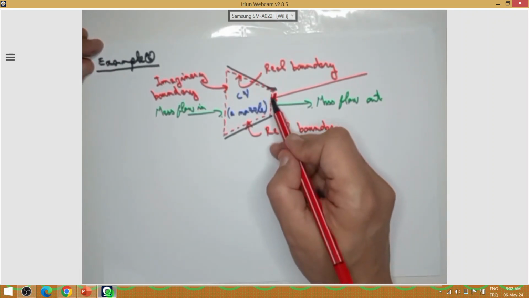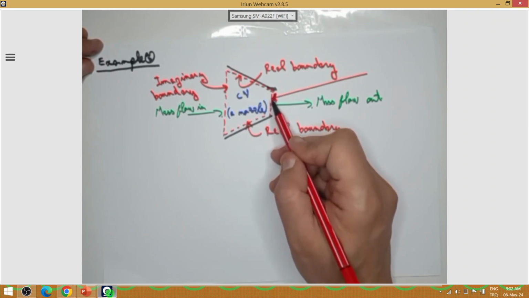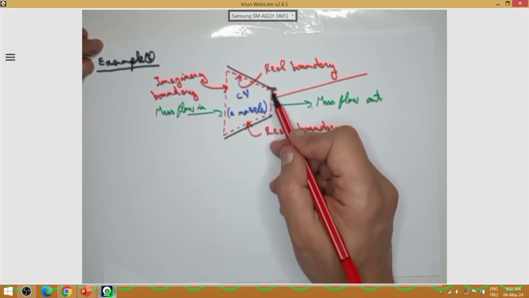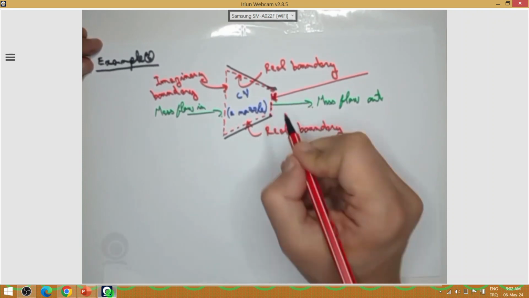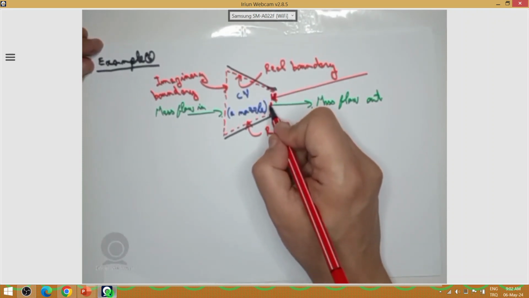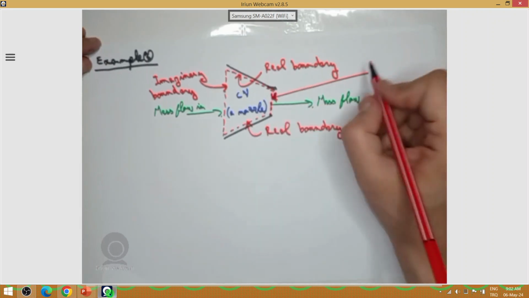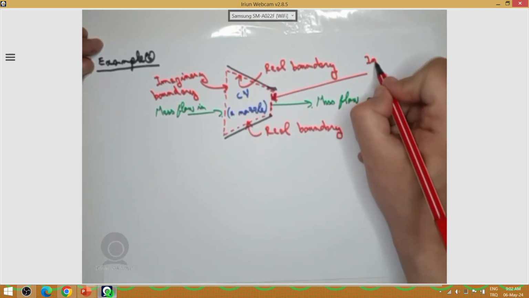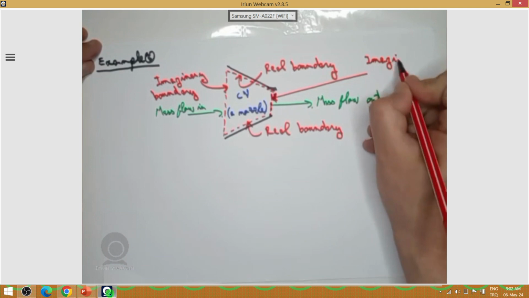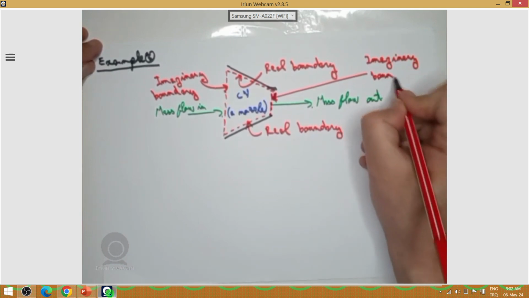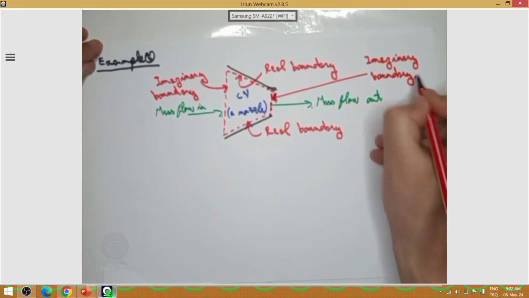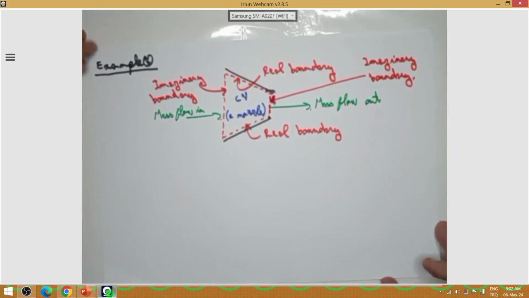So this line here is imaginary. I have just imagined this line, and because of that I can say that the boundary here is an imaginary boundary. So this was about example 3.